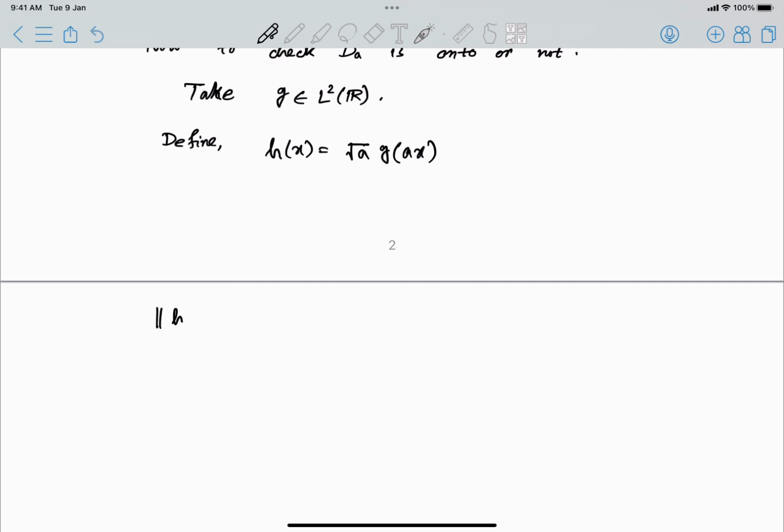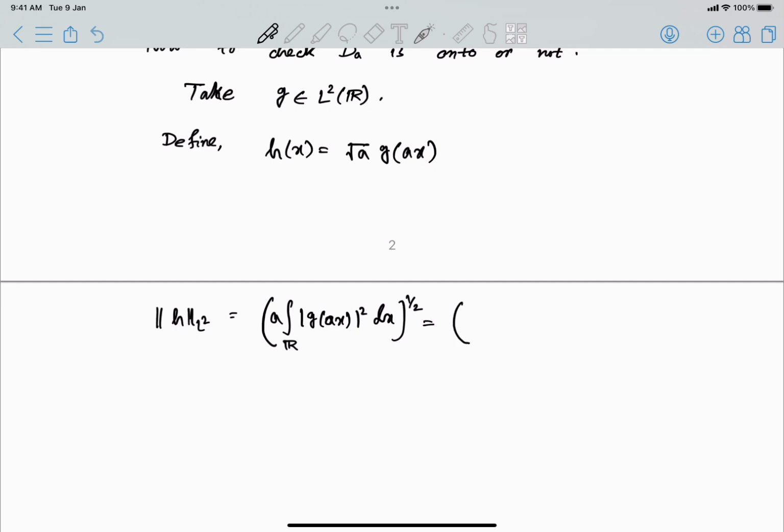So you have to check the L2 norm of h over R. If you calculate the L2 norm, make again a change of variable as earlier.